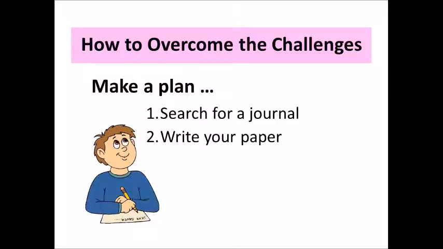Some people may do the opposite, starting with writing his or her paper and then chopping around to find a journal that would match with their paper. But I think that is a waste of time.